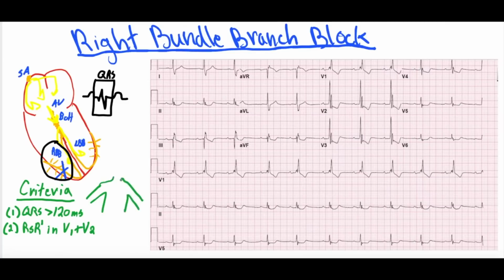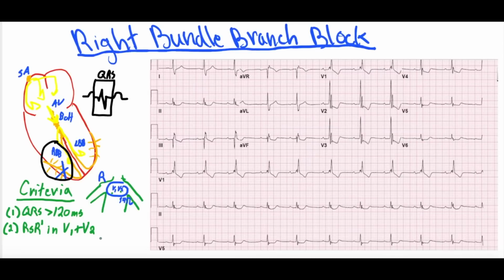There's their head up there, those are two nipples, and then right here we have V1, V2, and then 3, 4, 5, 6. So these are the right-sided precordial leads, and those are going to be most affected. You'll be able to notice your R prime most pronounced in those right-sided leads.